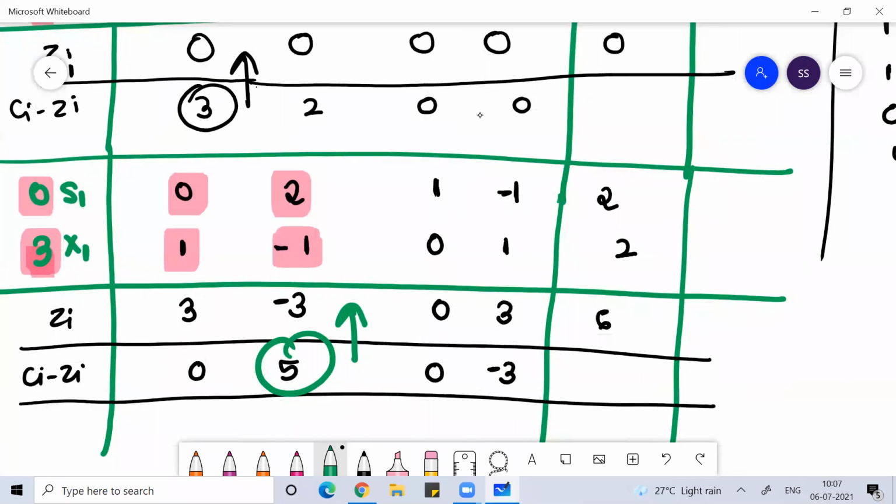So for that you can find theta. 2 divided by 2 is 1, and any number divided by minus 1 is not defined, so leave that. 2 is your pivot element, which means x2 is going to replace s1. Negative values of theta we do not consider.